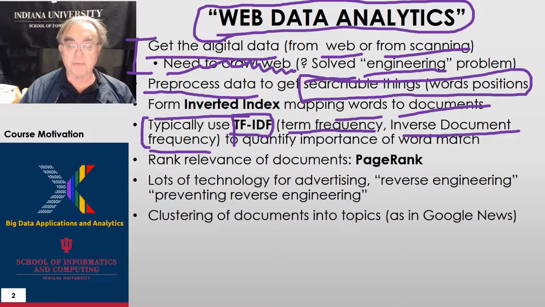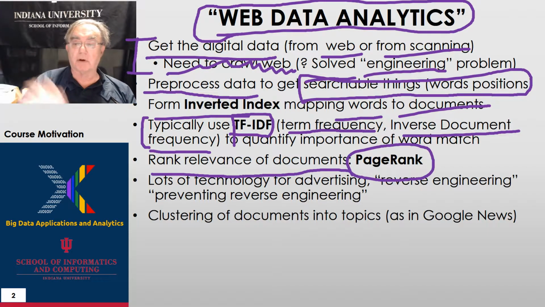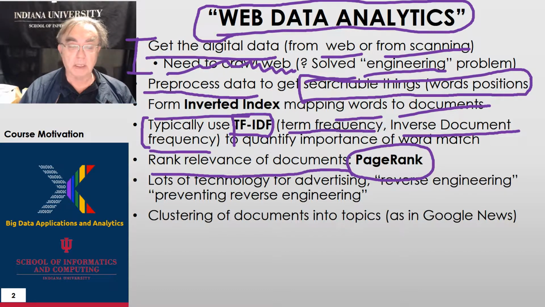Inverse document frequency is how many documents this particular word appears in. TF is how many times the word appears in a particular document. Then we try to look at the relevance of documents, where things like PageRank come in, which effectively counts how often, and in what fashion, a particular page is pointed to with links. Of course, you probably also have data on how many users access this site.